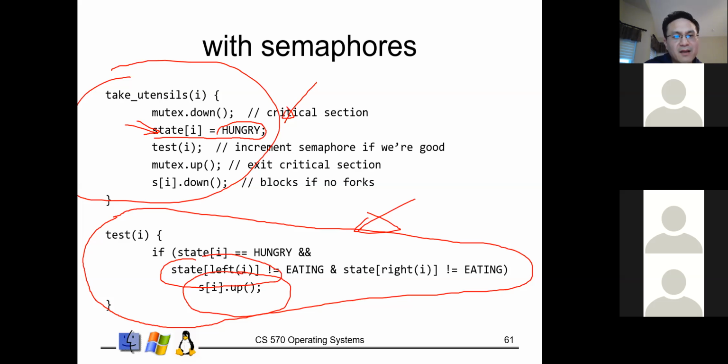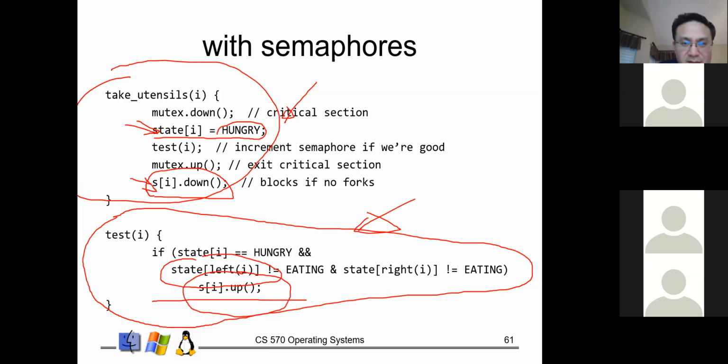Okay, and after that, this philosopher will try to decrement its own semaphore. Now, if this philosopher didn't acquire both utensils, then its semaphore will not be 1, right?